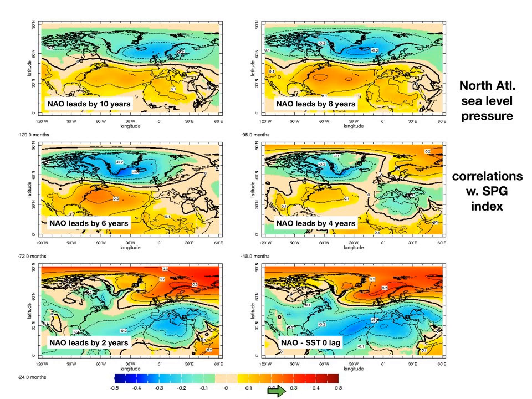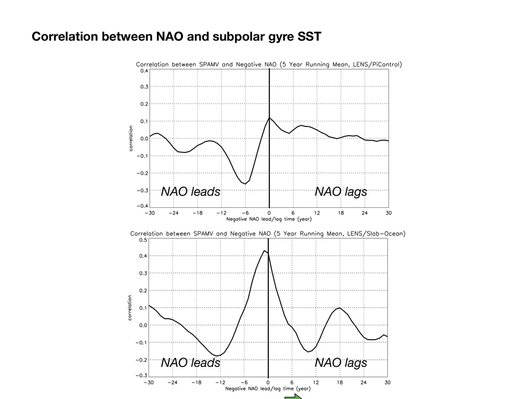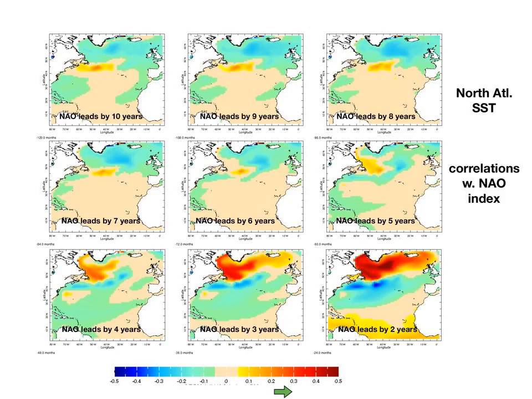And to look at the ocean, just as a reminder, I'm putting up the diagram here. And again, in the coupled ocean, if you then take the NAO as an index and you correlate the SST to the NAO, you see that hint of an emerging pattern 10 years before the subpolar gyre reaches peak warming.